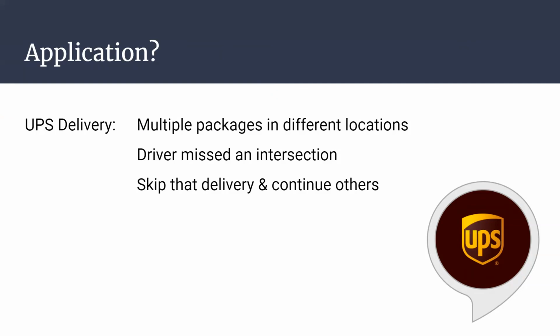If that's the case, the driver usually will just skip that delivery and continue with other packages. If there's time at the end of the day, he will deliver your package. Otherwise, and most of the time, your package will just arrive the other day.